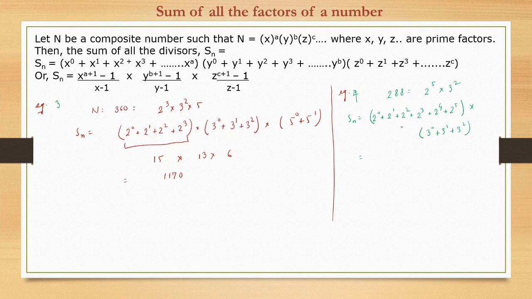The first term is 32 plus 16 is 48, plus 8 is 56, plus 4 is 60, plus 2 is 62, 63. And this becomes 9 plus 3 is 12, plus 1 is 13. This is 819, right?